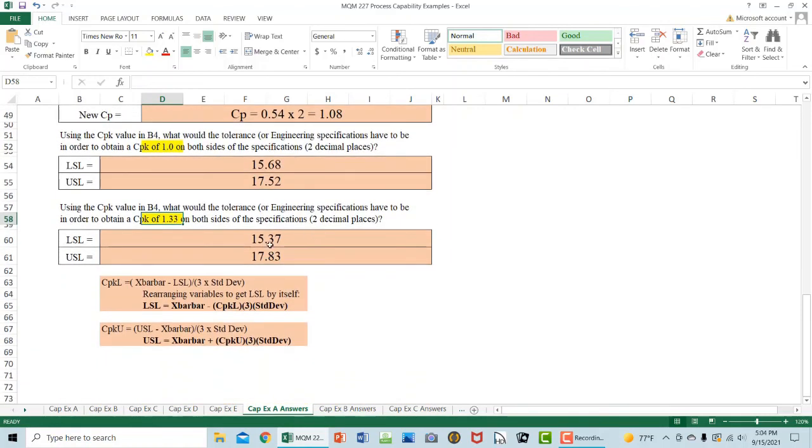And you're going to come up with those numbers. You notice that this is wider than this one, because for us to be more capable with just changing the specifications and not improving the process, you're going to have a wider specification to be able to operate like you want to.